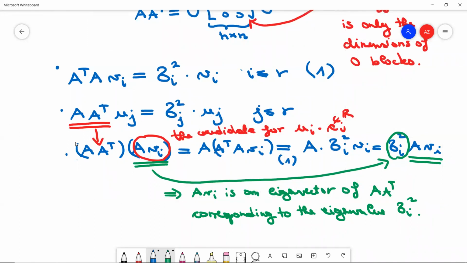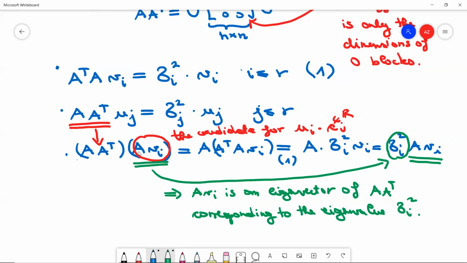And this basically solves what I said before. We find V's: Vi is the eigenvector of A transpose A corresponding to the eigenvalue sigma I squared. And how to calculate Ui? Ui is then just AVi. This will really be the eigenvector for the eigenvalue sigma I squared for this reversed matrix A transpose.